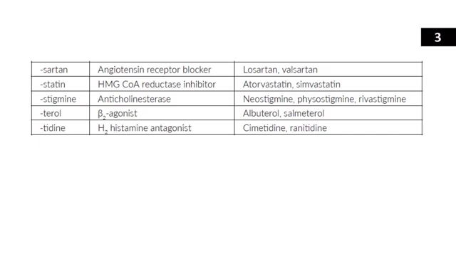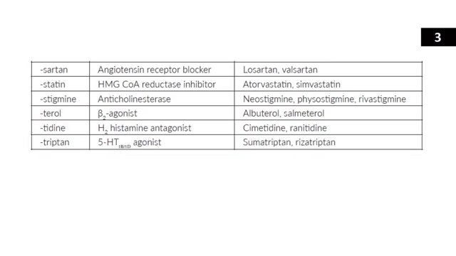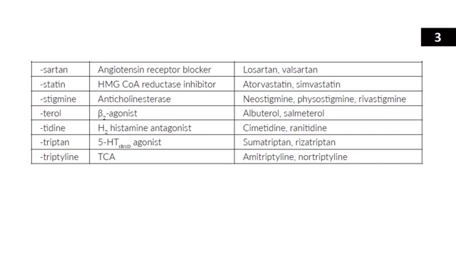-tidine are histamine antagonists, H2 blockers like cimetidine or ranitidine. -triptans are drugs like sumatriptan, which you might know better as Imitrex. These are serotonin agonists, serotonin 1B, 1D agonists, which are used to treat migraines. -triptyline is another group of tricyclic antidepressants.